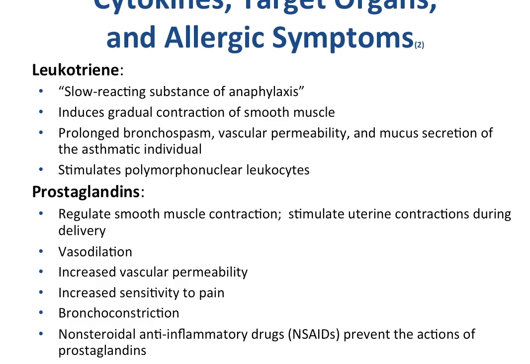It can also stimulate uterine contraction during delivery, cause vasodilation, increase vascular permeability, and cause bronchoconstriction. We have all kinds of pain medication over the counter. All these pain medications can inhibit the prostaglandin effect, so they are widely used for anti-inflammation treatment.